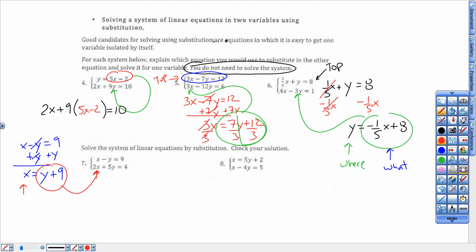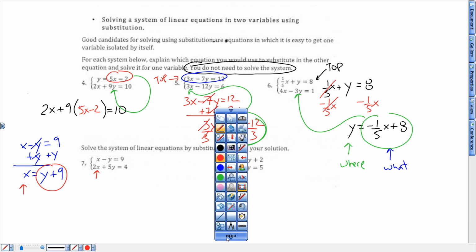So when I do my substitution, I'm going to have that 2x, but where that x is, I replace it with that y plus 9 piece. I still have that plus 5y equal to 4. This gives me 2y plus 18.